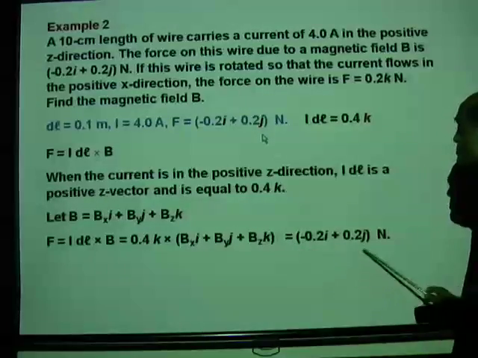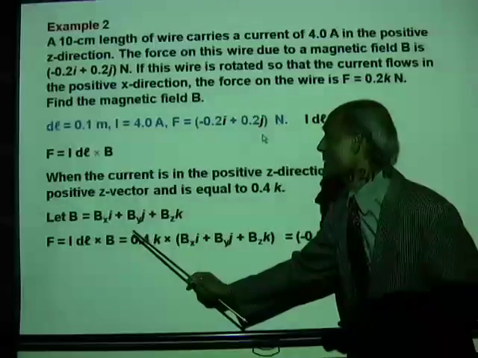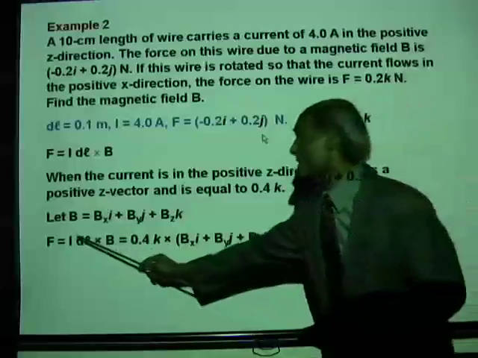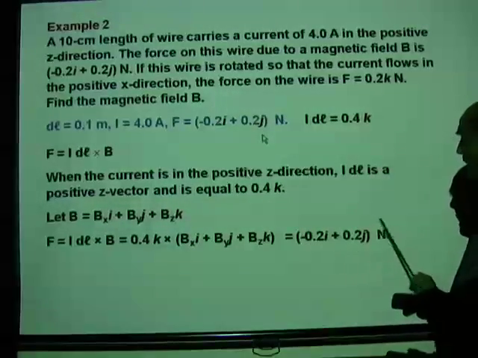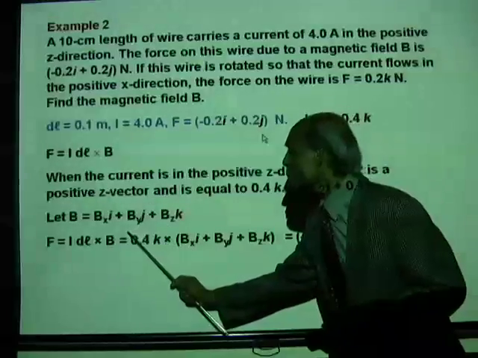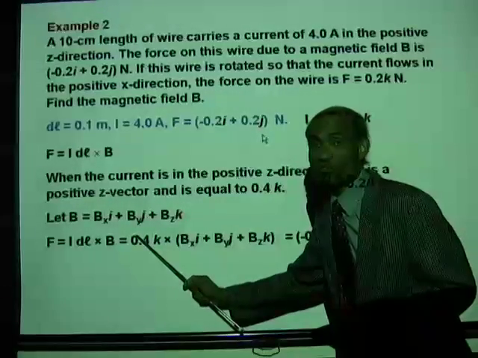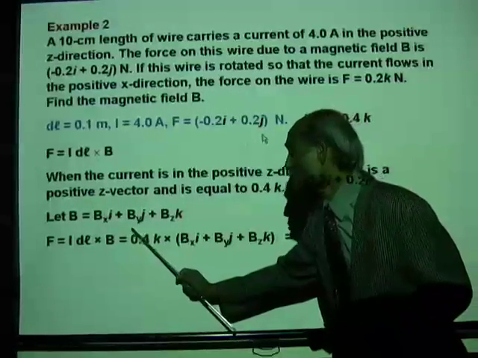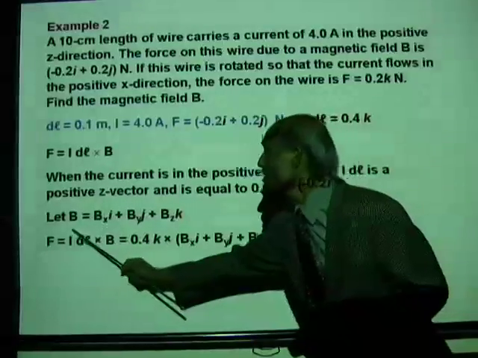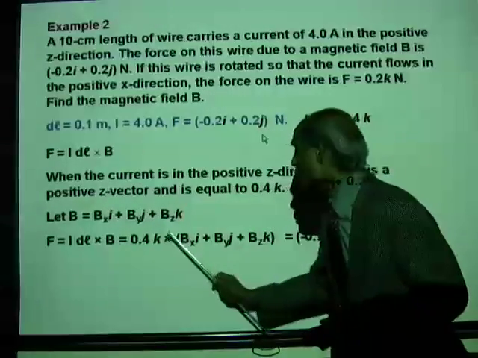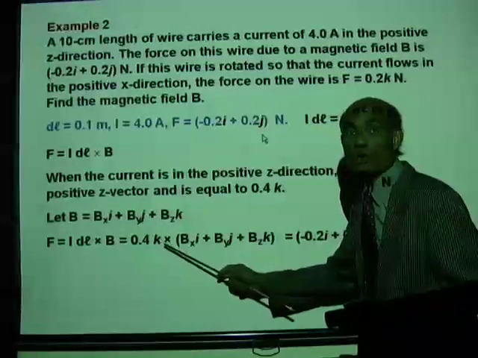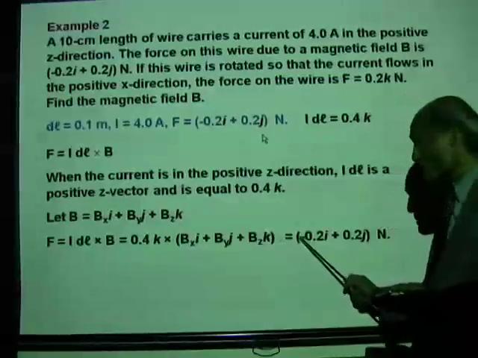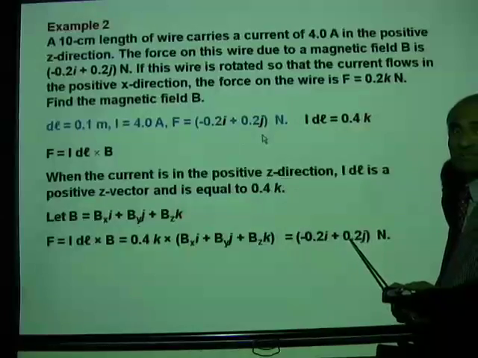That quantity will be equal to that F. Well, I'm going to say it again. F is the vector given by this. This is the IDL vector, not F that I said first. 0.4K is the IDL vector, cross, this is the B vector. So IDL cross B equal to the force vector.